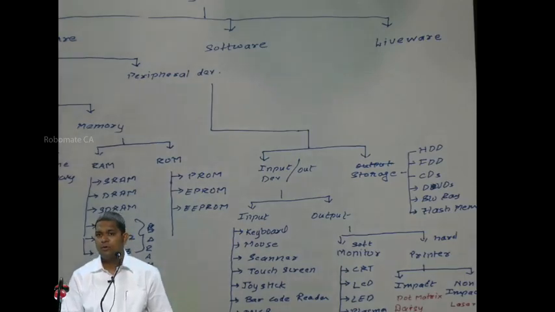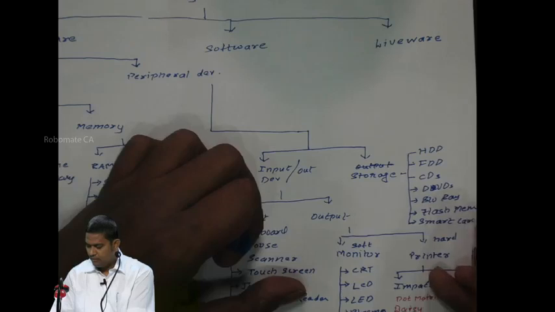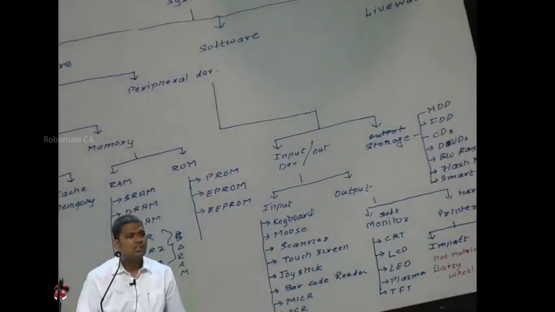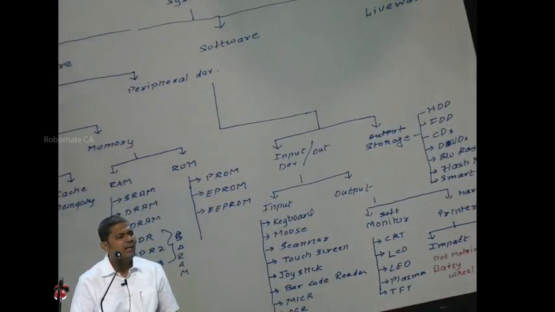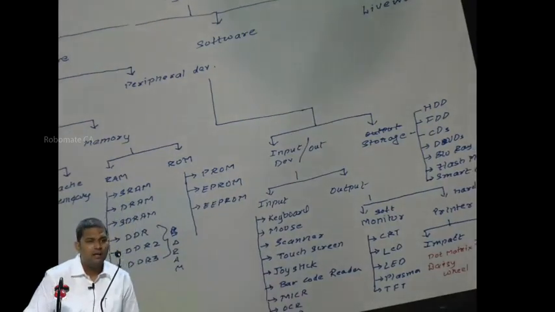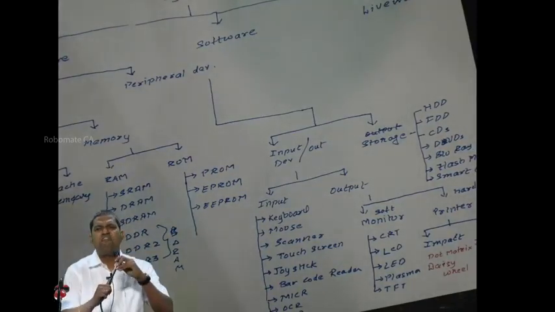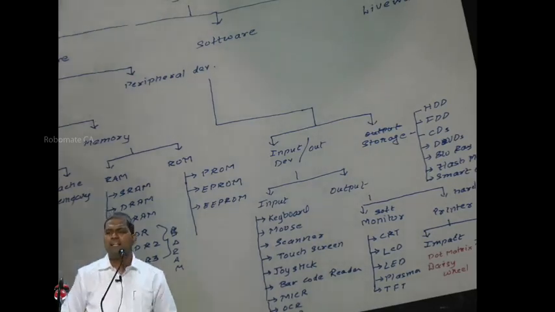Anything more? Smart card? What is a smart card? Memory card? Arey, your memory card is nothing but your flash memory. No. Arey, everyone in this classroom is using a smart card.